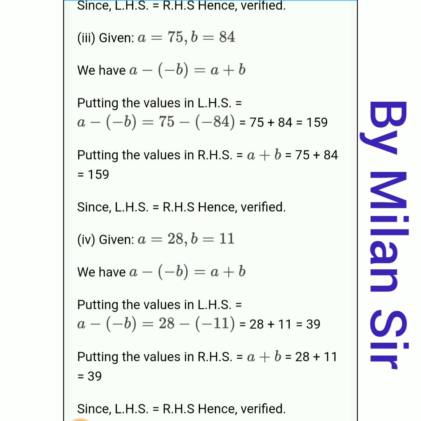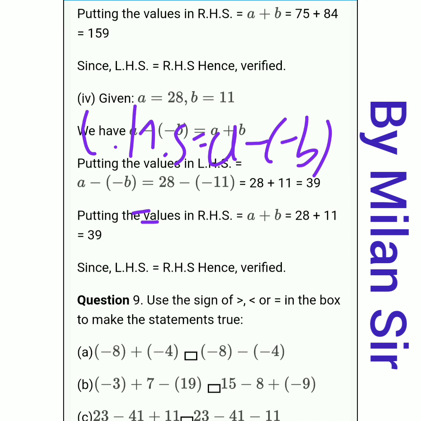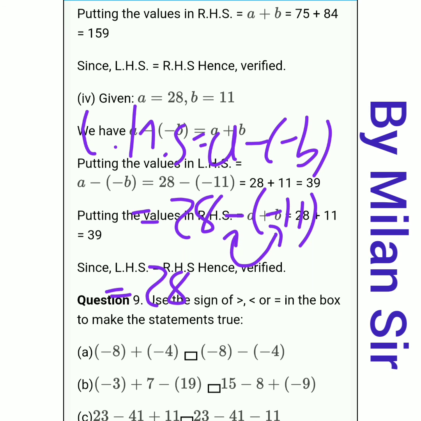Okay, and in question number 4 we also need to use the same process. First of all, the left hand side, a minus negative b. Put the values of a and b. a is equal to 28, minus, then minus b, which is 11. Now 28 here, minus minus becomes plus 11, and 28 plus 11 is 39.